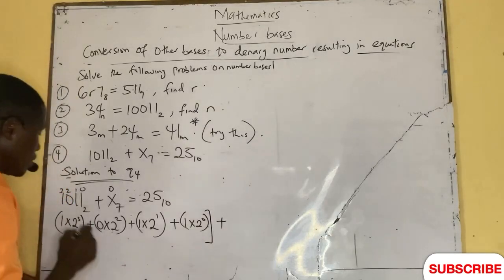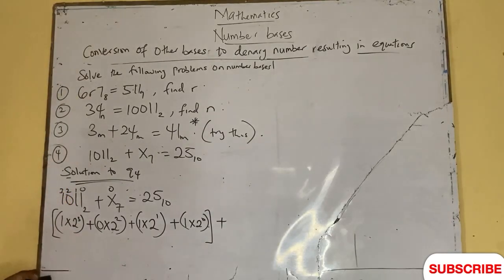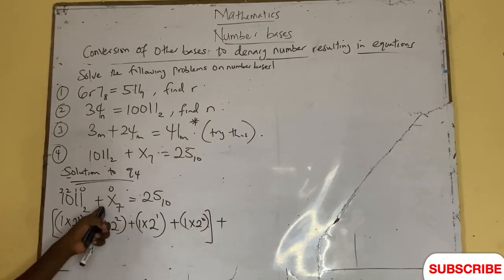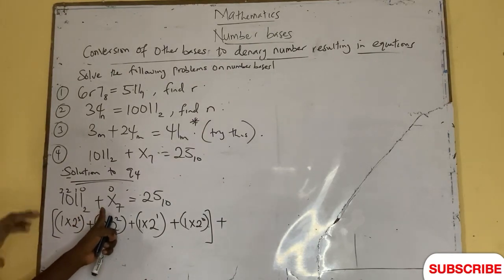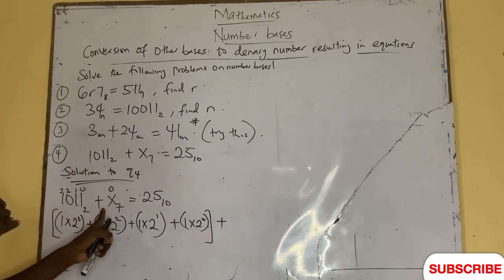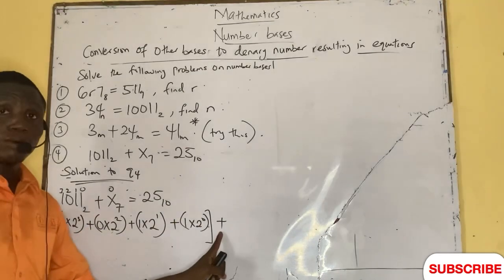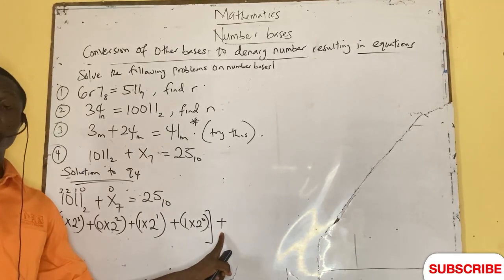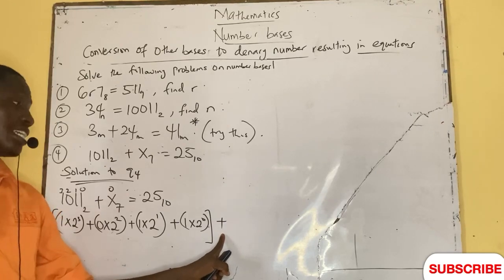Here, I would like you to put it in a whole bracket. Please introduce a bracket, because sometimes it might be negative here, and negative always affects one's process of solving. So brackets have to be introduced when you are dealing with bases that involve minus, subtraction, and the like.